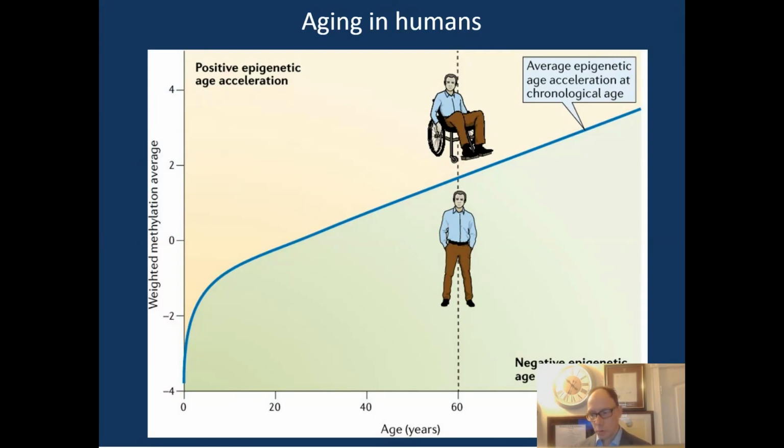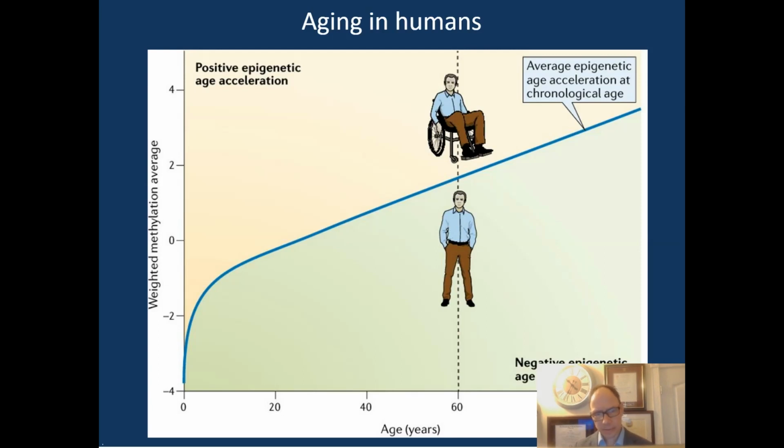But people whose methylation age estimate lies above this line are said to exhibit positive epigenetic age acceleration, and individuals who lie below the line exhibit negative age acceleration. And epidemiological studies have shown that people with positive epigenetic age acceleration are at a slightly higher risk of various age-related conditions.